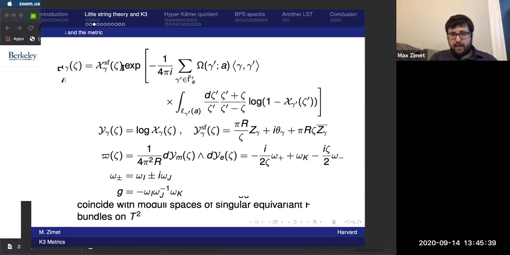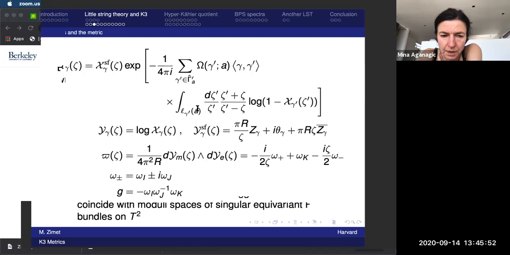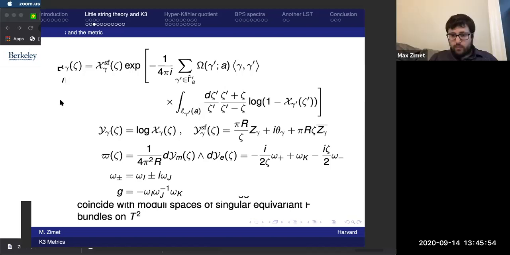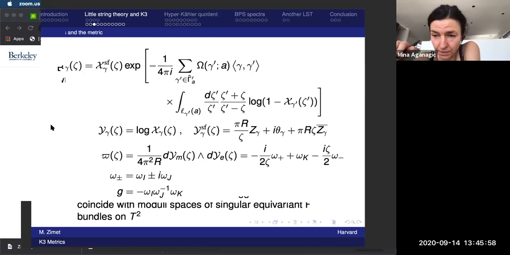Evaluate this right-hand side. That gives you a first-order approximation to these functions. Then you plug the first-order approximation in, and you get a second-order approximation, and you can keep iterating that. And at large enough R, that's going to converge and give you these functions. So these are now directly coordinates on K3.